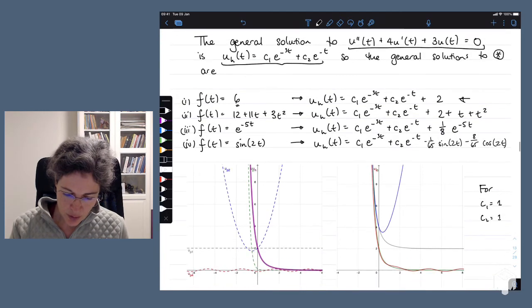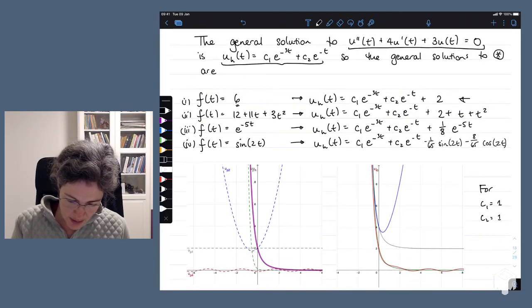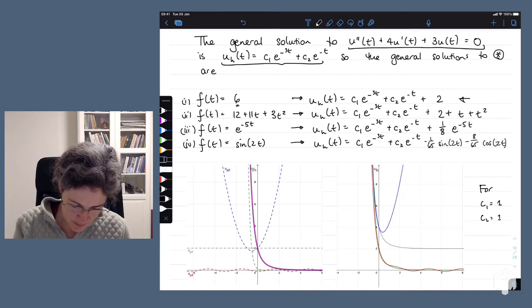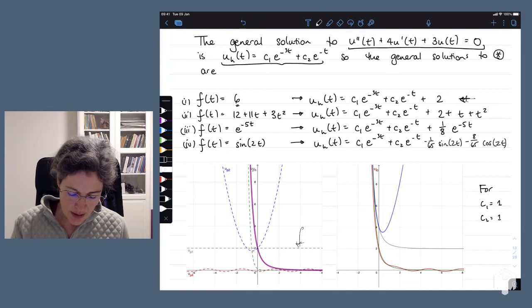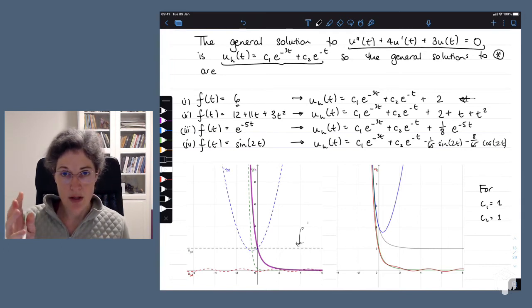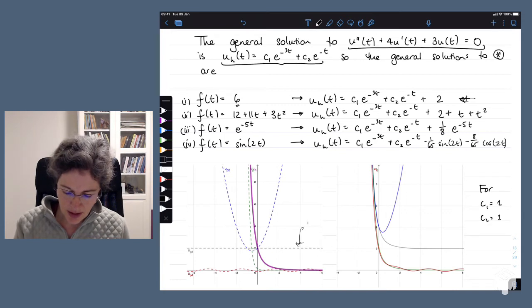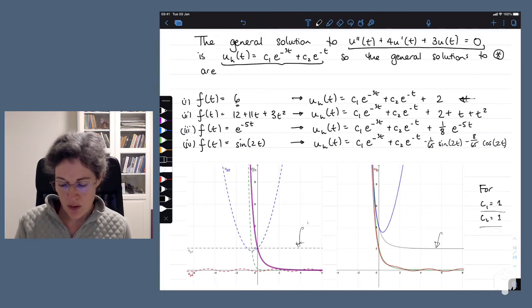And I've plotted over here in grey this is my specific solution when the driving function is just 6, and the general solution for those values of the constants looks like this.